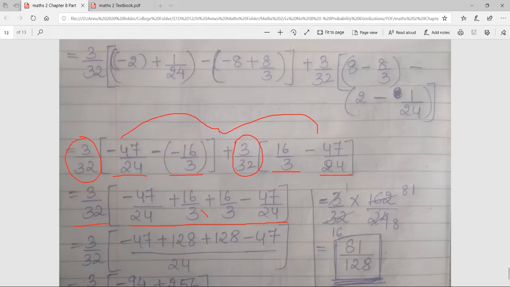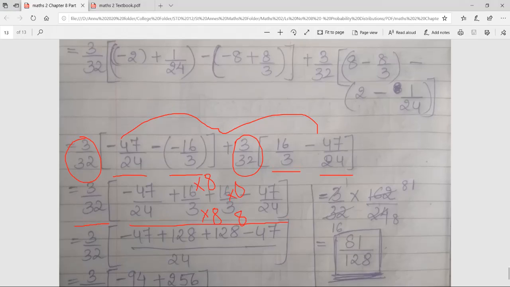So I'll multiply 3 by 8, which means 16 will also be multiplied by 8, this 16 will also be multiplied by 8, and this 3 will also be multiplied by 8. So you get minus 47 plus 128 plus 128 minus 47, the whole divided by 24.